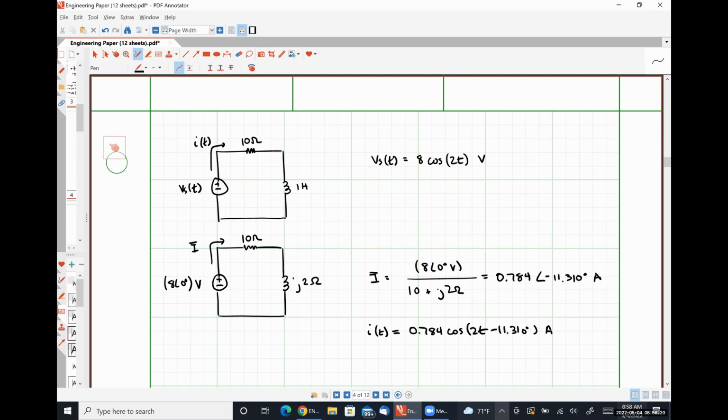We can use Thevenin equivalent circuits. We can use Norton equivalent circuits. We can do source combinations. We can do source transformations. Everything that we learned in the first section of this class now comes to us again to be used. The only caveat here is we have to do it using complex numbers. But all of our basic circuit analysis techniques are now valid as long as we work in the frequency domain.